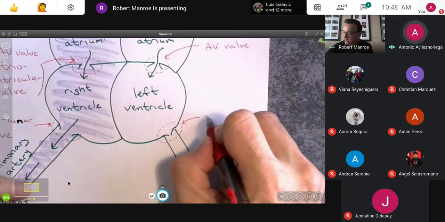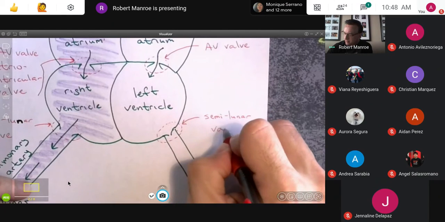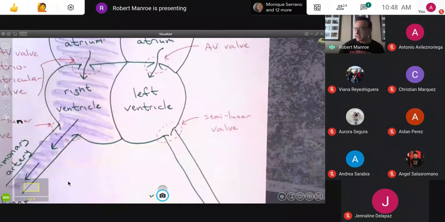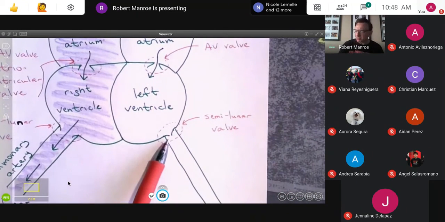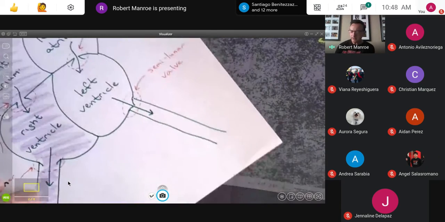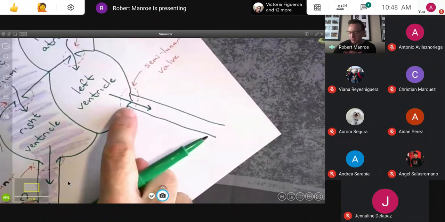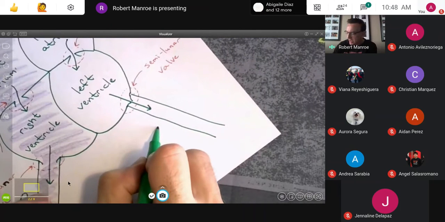The semilunar valve. When the time comes, the AV valve closes, the semilunar valve opens, and the oxygen-rich blood is driven through the semilunar valve out of an enormous artery called the aorta.